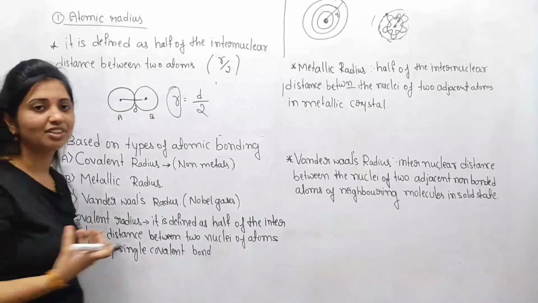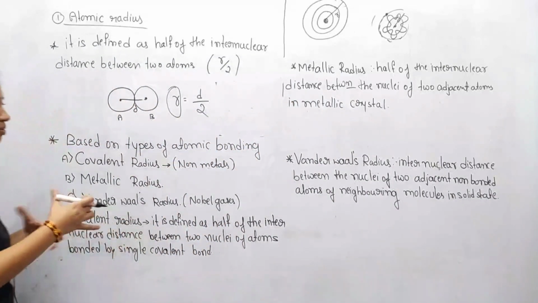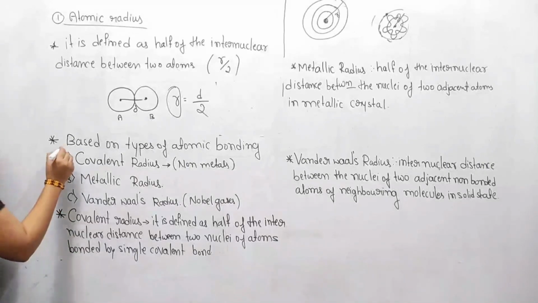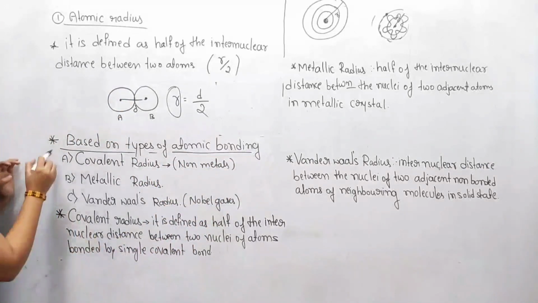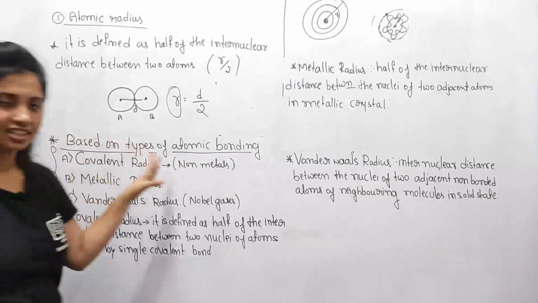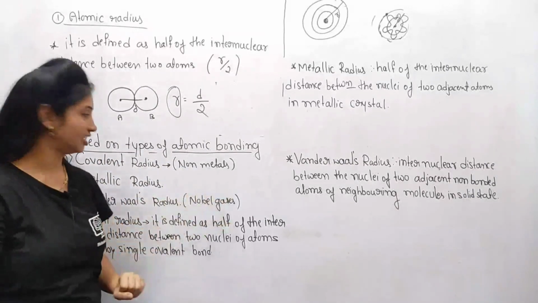This is how we measure the atomic radius. And there are so many bonding types, already you know that. So based on the types of atomic bonding, there are three types of atomic radius: covalent radius, metallic radius and van der Waals radius.